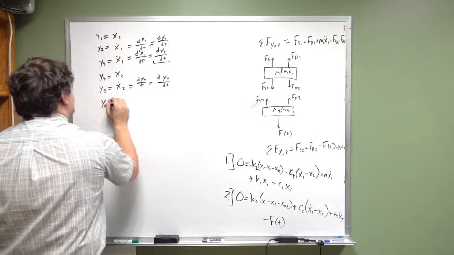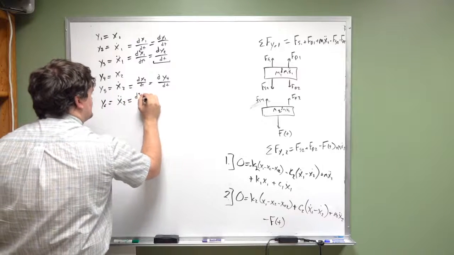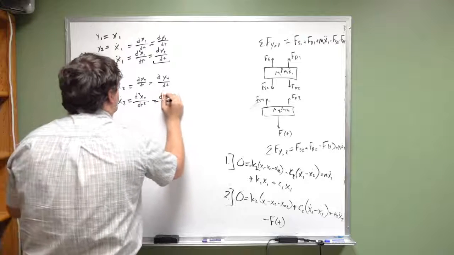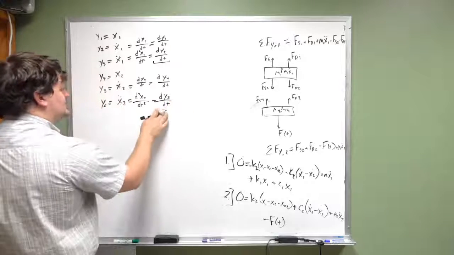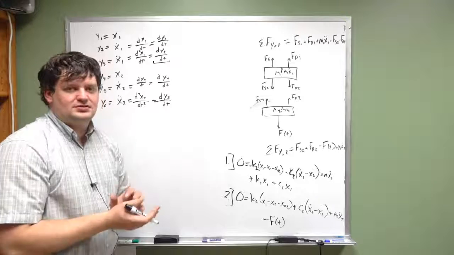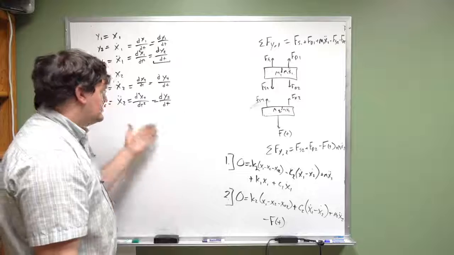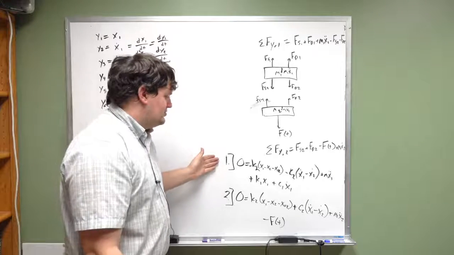And then we have y6, which is equal to x2 double dot, which by definition is d squared x2/dt squared, which also happens to be dy5/dt. This is the derivative of that. So that's fun.